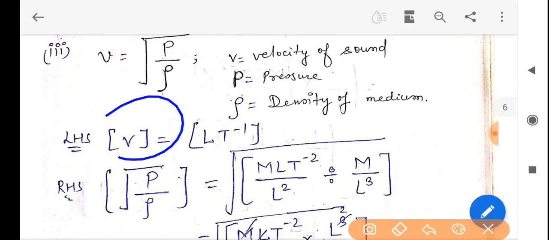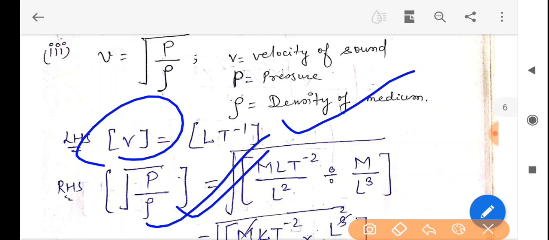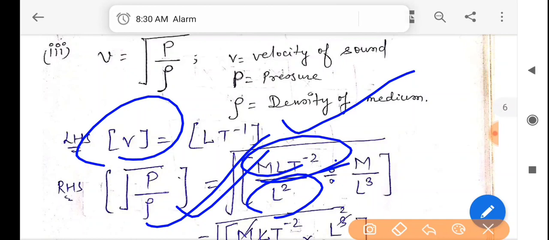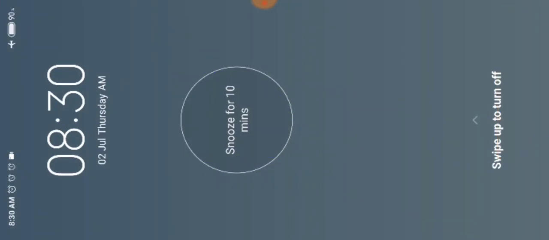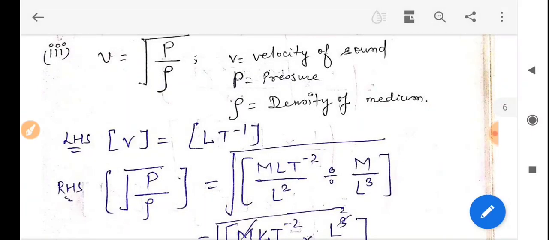In the LHS we have been given velocity, so LT^-1, and in the RHS this is root under P by rho. P is force by area, so MLT^-2 divided by area L square, whole divided by density. Density is kg per meter cube, so M divided by L cube for density.